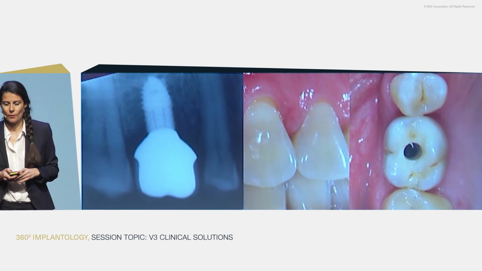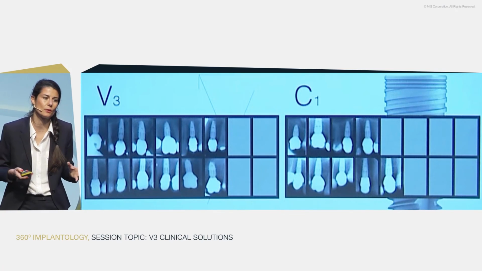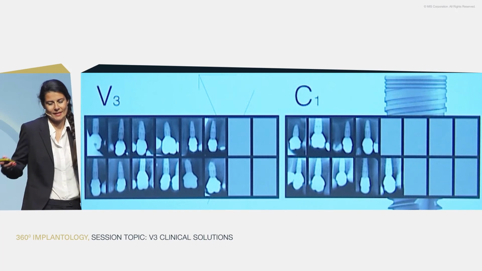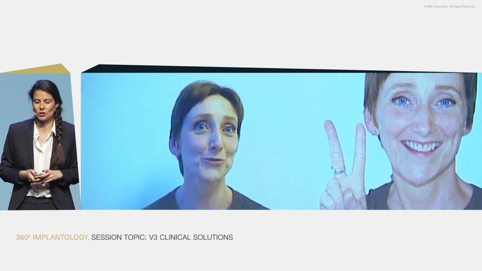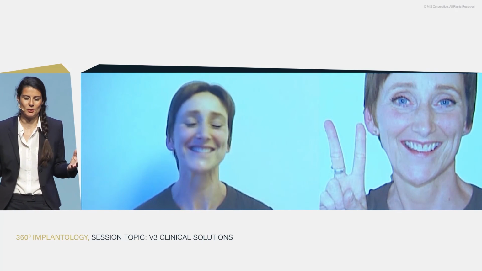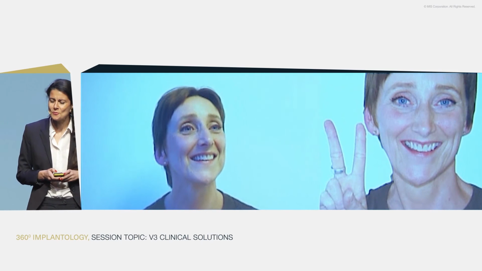This is the X-ray of the old study. This is preliminary, so this doesn't make sense at this step. But this is how the patient is now, and she's happy to smile again. She was very happy to be in the V3 group.